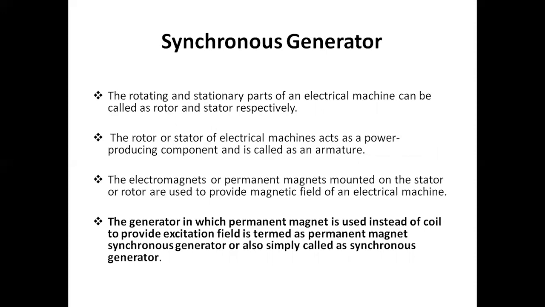The rotating and stationary parts of an electrical machine are called rotor and stator, as I have already told. The rotor or stator of an electrical machine that acts as a power producing component is called an armature.